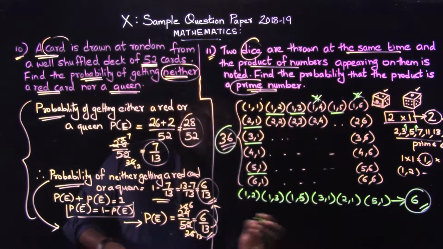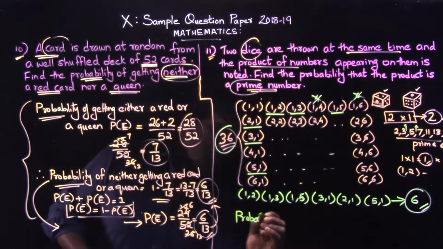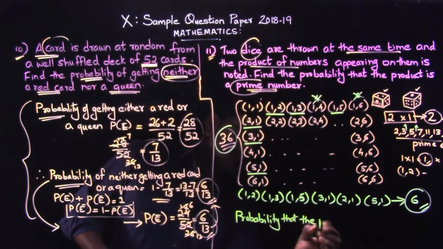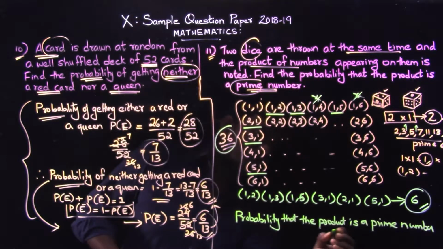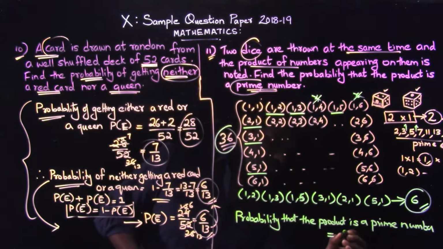So the probability that the product is a prime number is equal to favorable outcomes by total outcomes, 6 by 36.